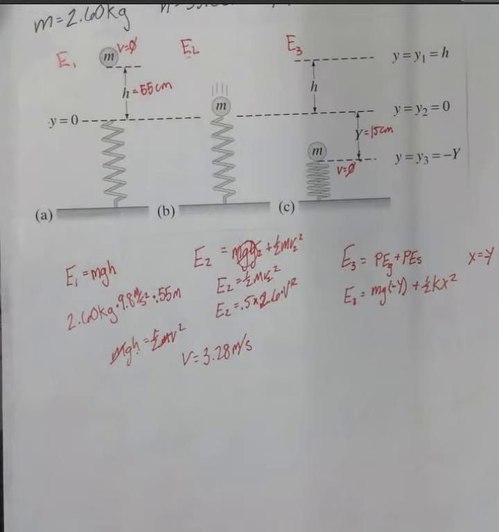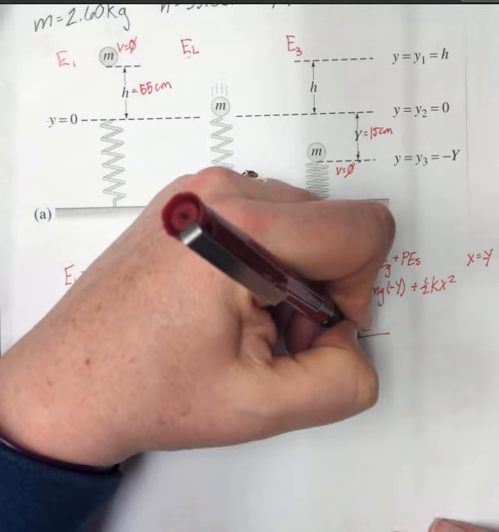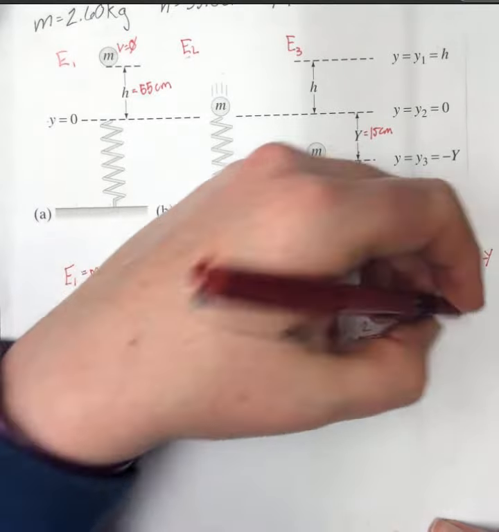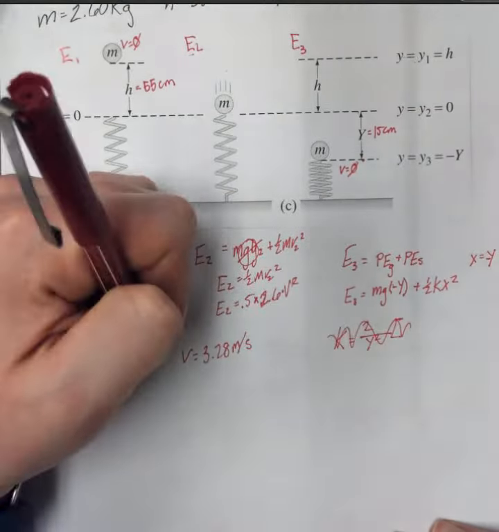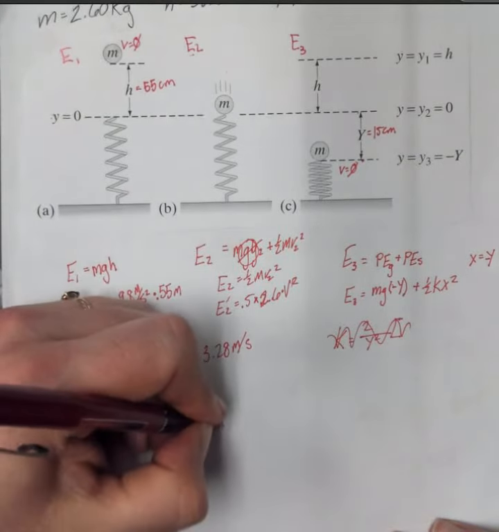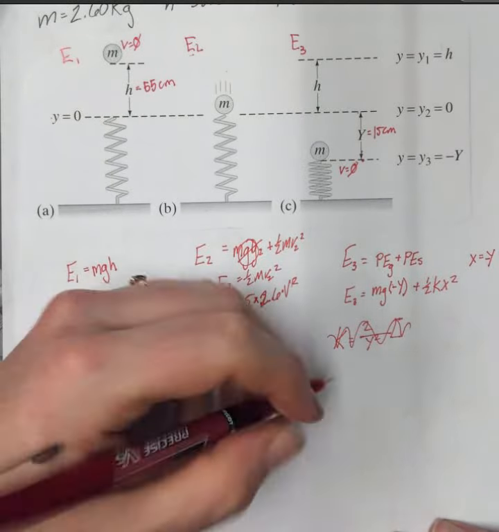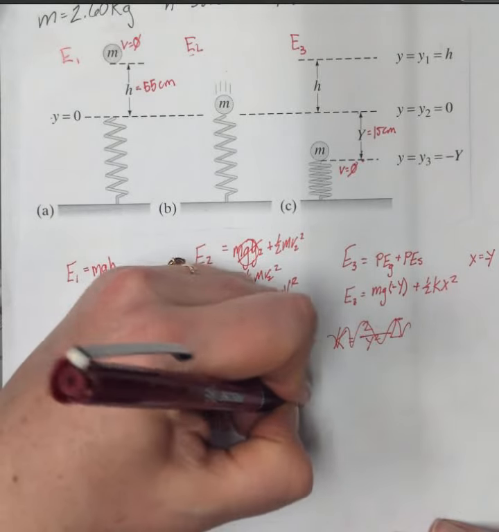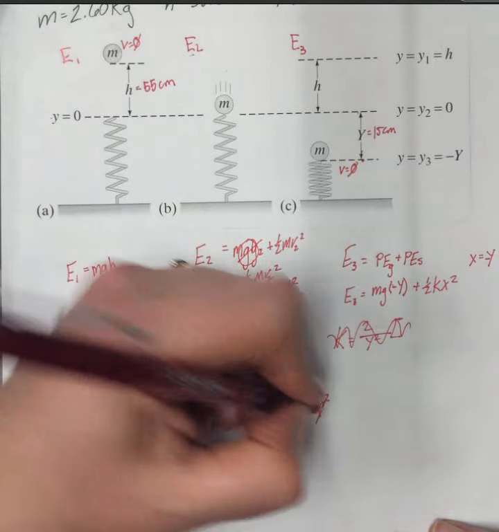And so we can actually solve for the spring constant. Let me write that out a slightly better way. So now we can say that E2 equals E3, so 1/2 mv2 squared equals mg negative y plus 1/2 kx squared, or ky squared.